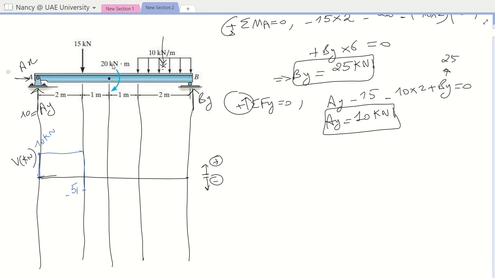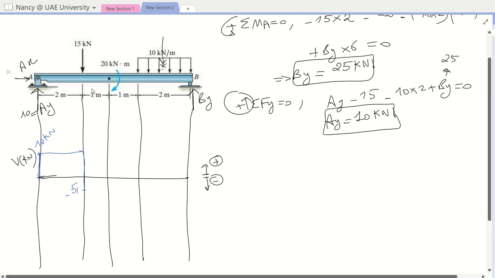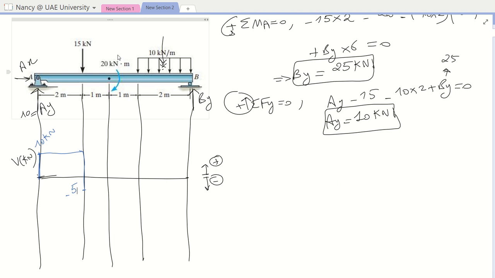Then between the 15 and the beginning of the distributed load, I don't have anything for the shear. Yes, I have a concentrated moment, but a concentrated moment will not affect the shear diagram. It will only affect the moment diagram. So here I continue straight, constant until this point.